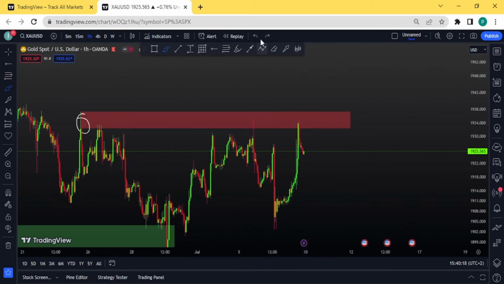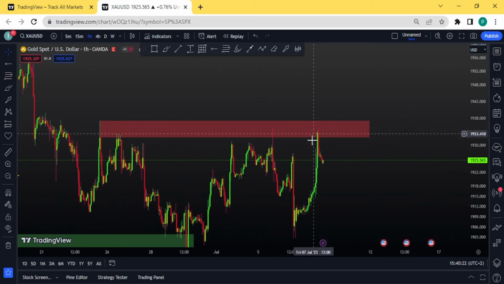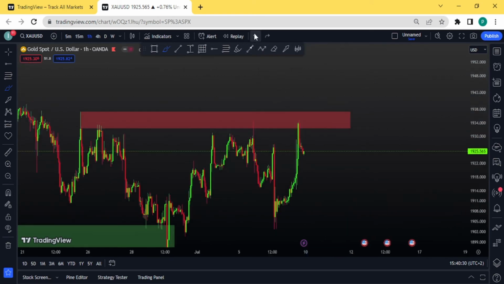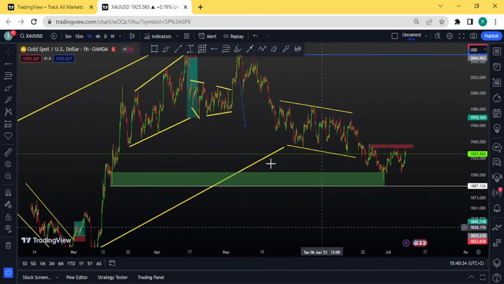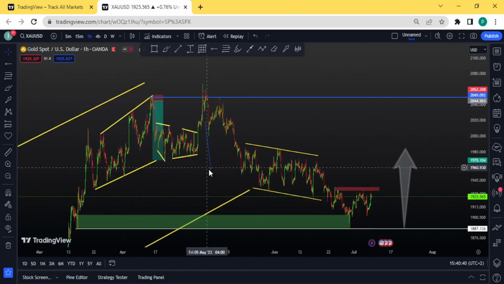So now we understand that price is respecting this resistance. In this case, we might wait for the price to break that resistance and come for a retest and look for buys. That's it for gold, guys. We are looking for buys on gold.